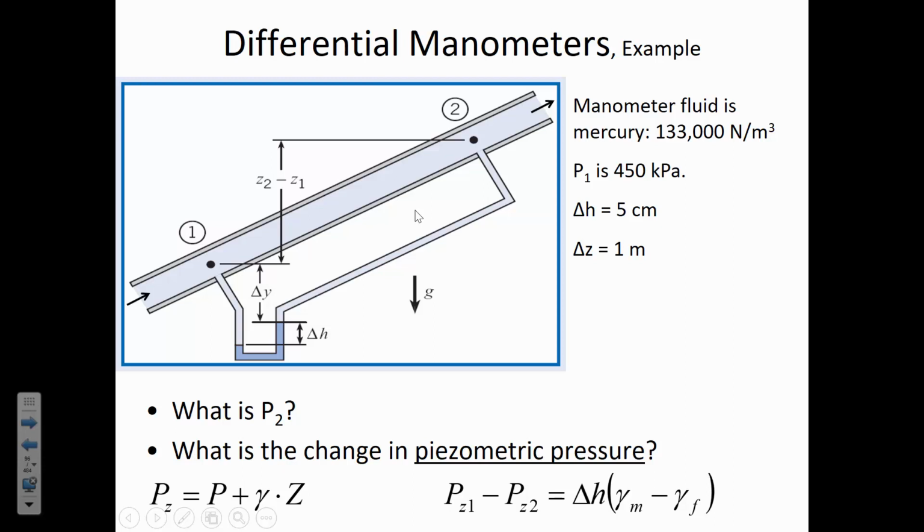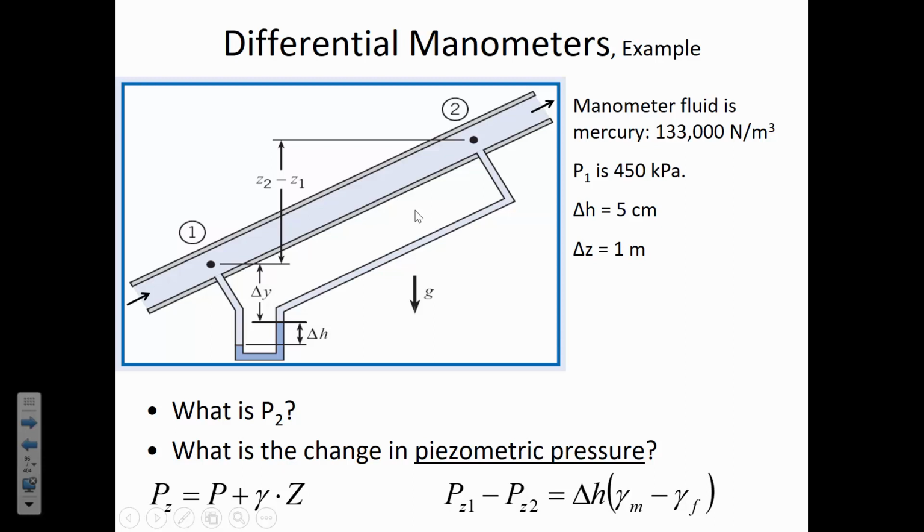So the pressure at 2 is going to be the pressure at 1 plus and minus all of the changes that get us from 1 to 2 through this static conditions differential manometer tube. So let's go through the pluses and minuses again. The pressure at 1 is our known.